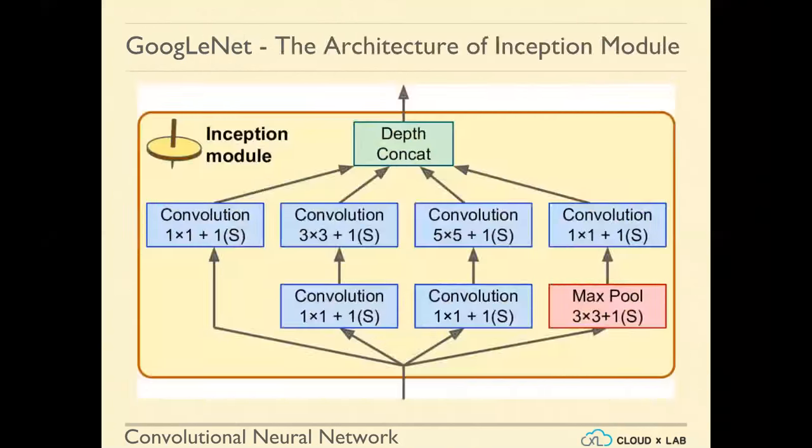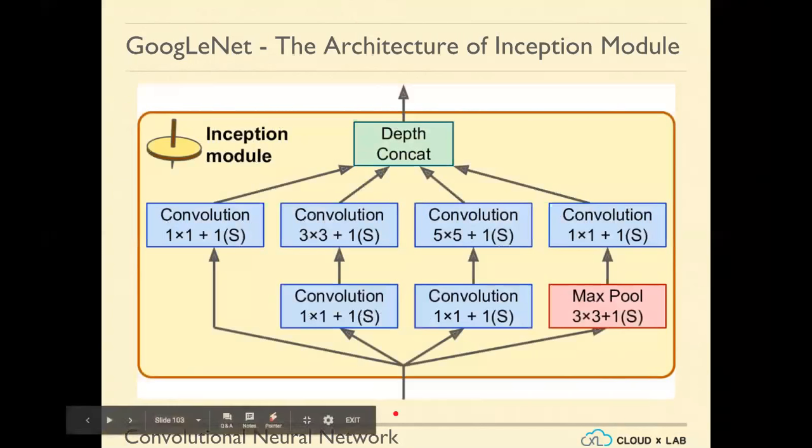So the core part of GoogleNet is Inception. This Inception module is used again and again in GoogleNet. Basically, the Inception module is a combination of convolution and max pool. Okay, convolution and max pool.